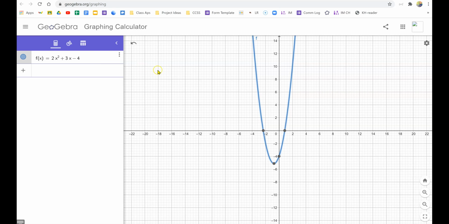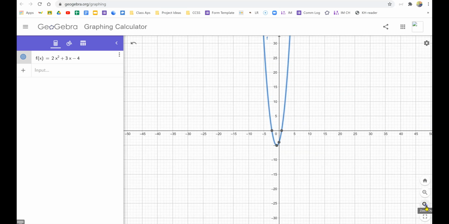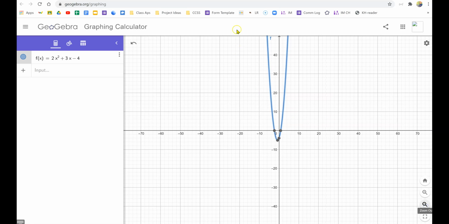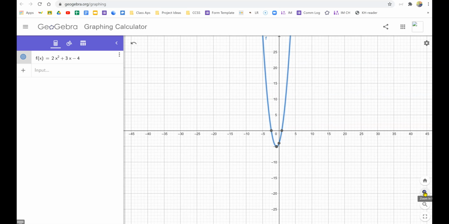Enter. Now, this is a quadratic function, so it creates a parabola, but if you don't believe me, you can zoom out really far and see if you can find anything. Nope, it's a parabola. So we're going to zoom back in using the zoom tool.